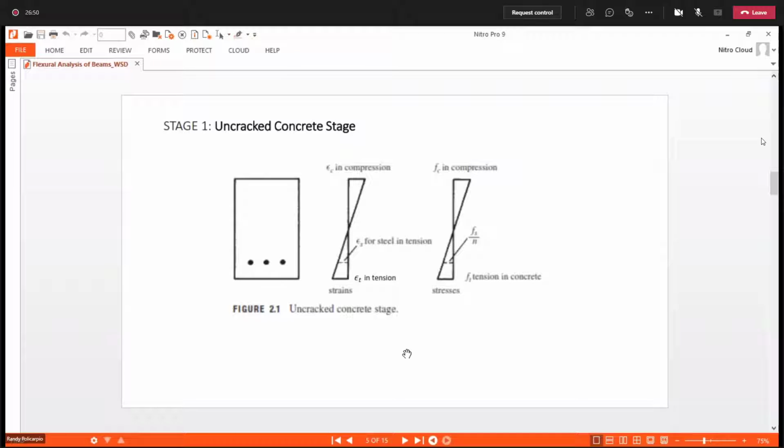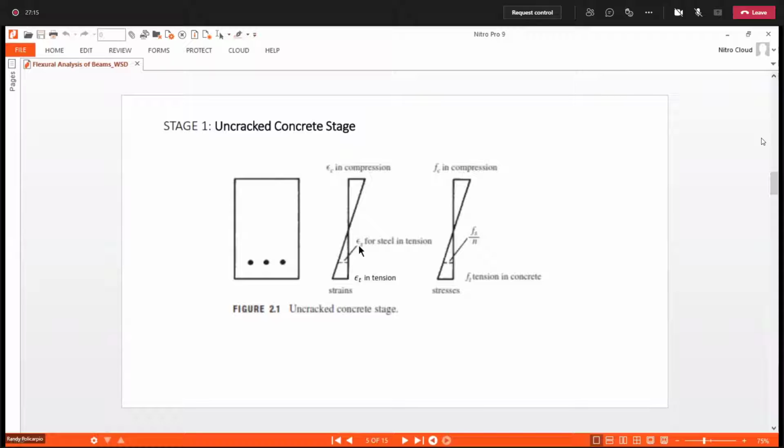Okay, we can determine the strain by taking the relationship of the strain in the steel and in the concrete. So we have this diagram showing us the linear relationship of our material in concrete and in our steel.